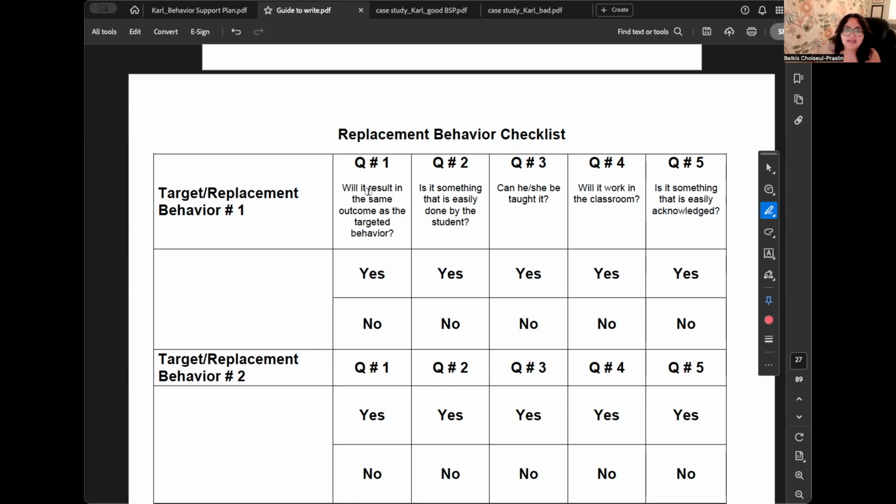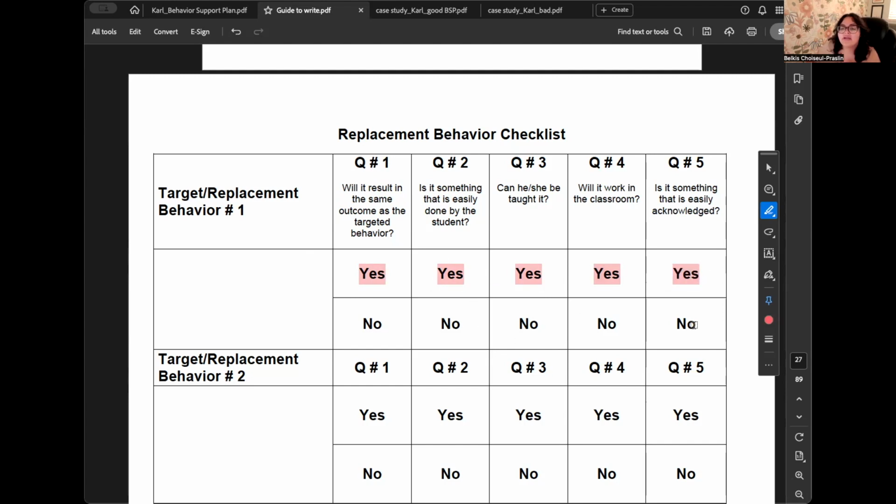Will that replacement behavior result in the same kind of outcome as the target behavior, meaning the student's going to get attention? Yes, great. That's so far so good. Is this something the student can do? Yes. Can they be taught to do it? Yes. Will it work in your classroom? Yes. Is this something that can be easily acknowledged in terms of you giving reinforcement for it? Yes. Then that actually is a pretty good replacement behavior.